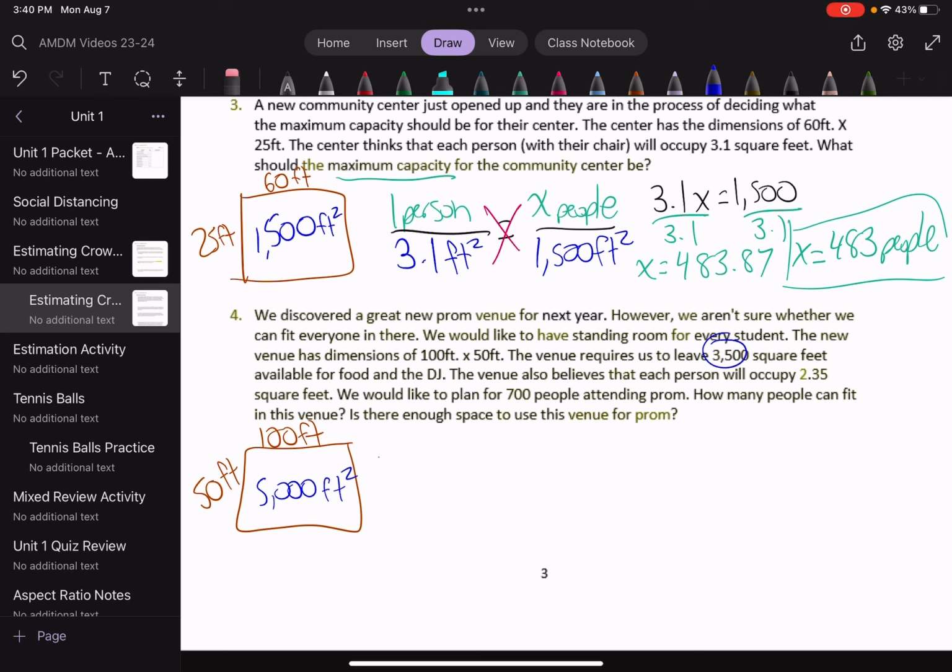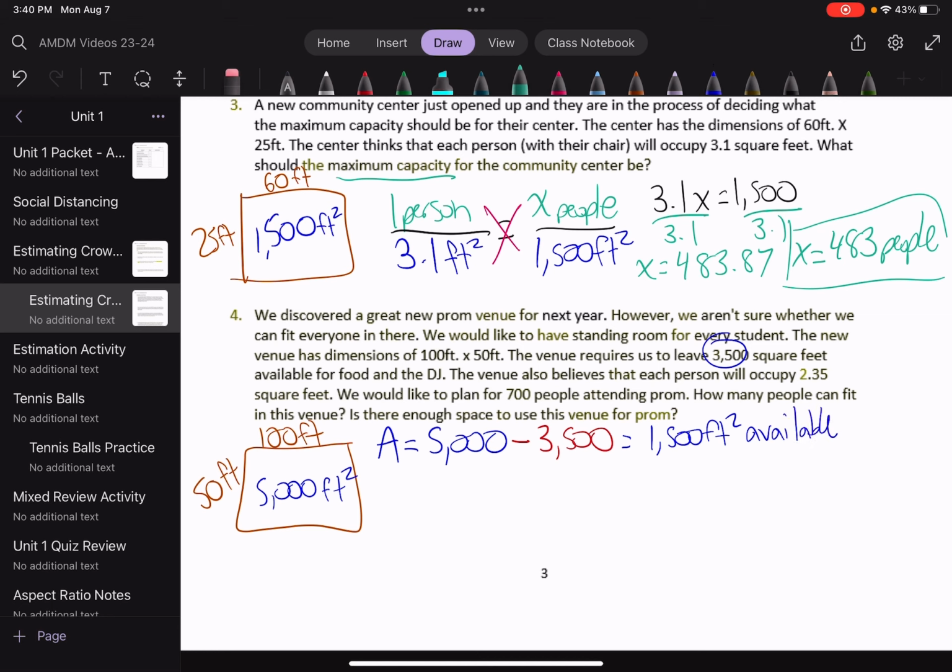So the available area is going to be that 5,000 minus the 3,500 feet for the food and DJ. So I'm going to subtract 3,500 from that 5,000. So really my only available area is 1,500 feet squared available.